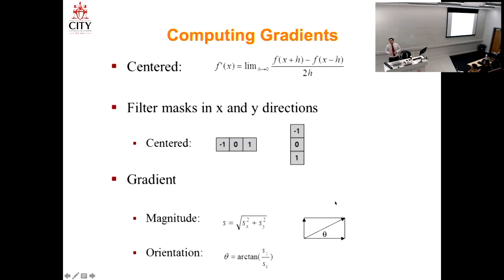And for any particular pixel in my image, I'm going to have two different values, right? So one is going to be its vertical magnitude, and the other one is going to be its horizontal magnitude. Simple, right?